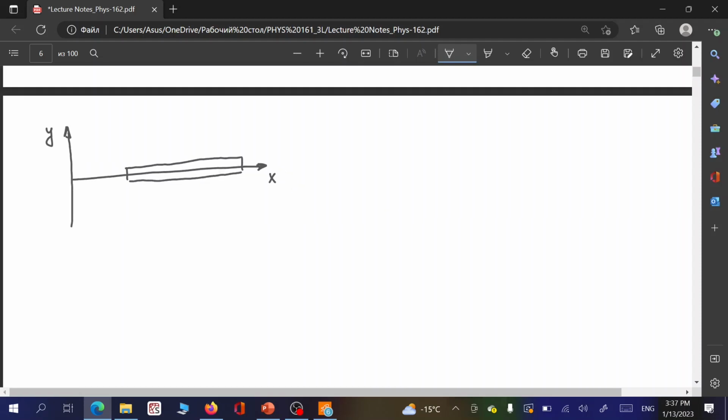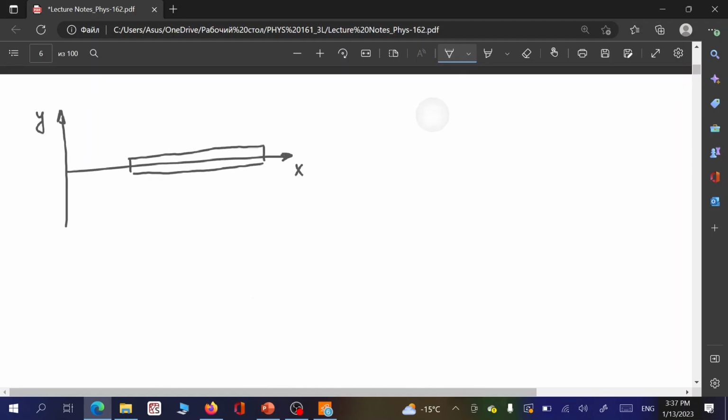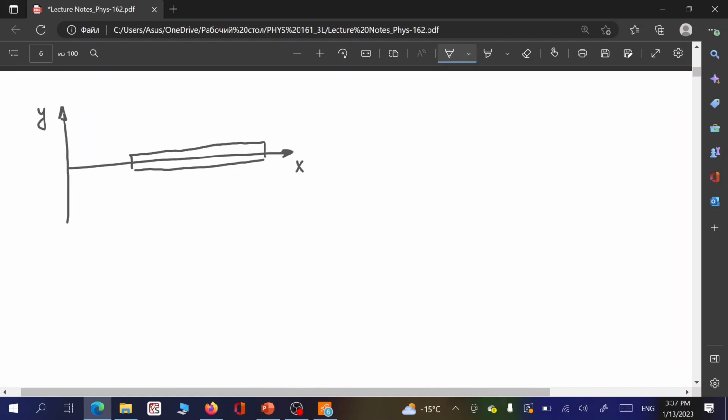So this is our system of coordinates, X, Y. Here we have the rod with some uniform linear distribution of electric charge, let's say positive electric charge, so the total charge is positive, and lambda, which is Q over L, where L is the length of this rod.